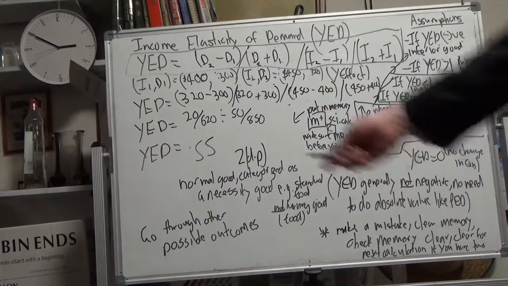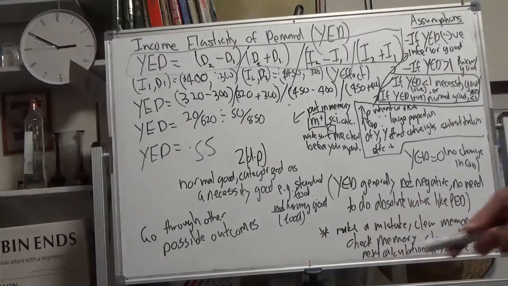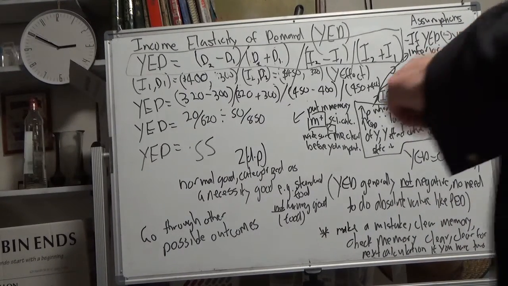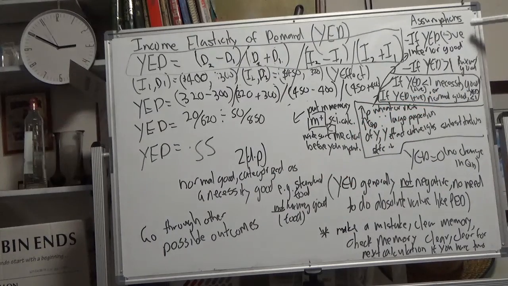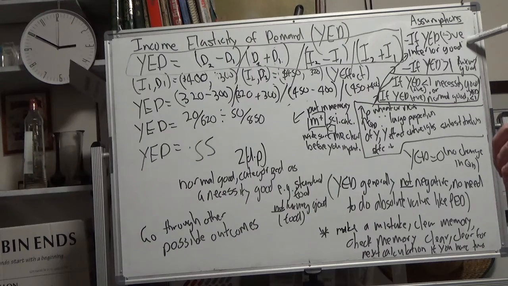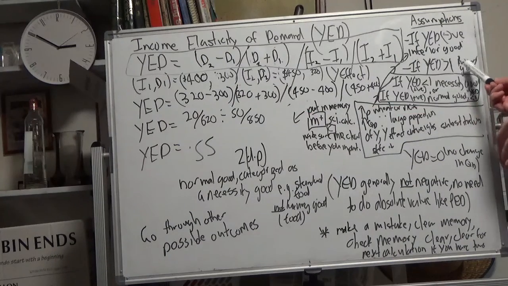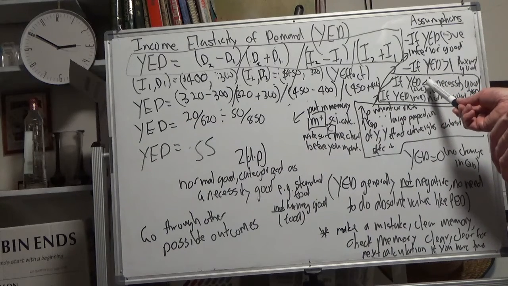So what does the income elasticity of demand coefficient mean? Firstly, this is a normal good, a necessary good. Why? Your assumptions here: if income elasticity of demand is negative, that's termed an inferior good. If income elasticity of demand is greater than 1, it would be a luxury good.